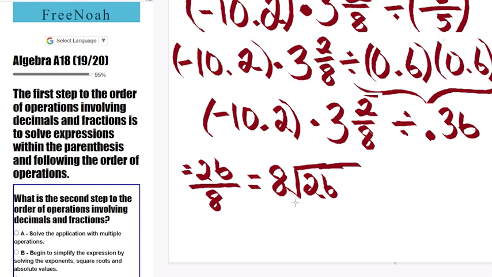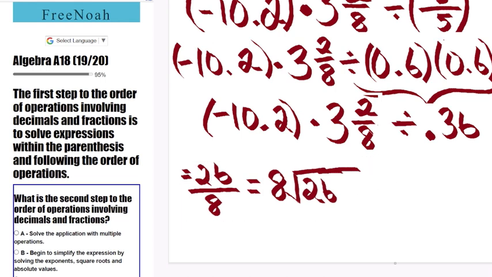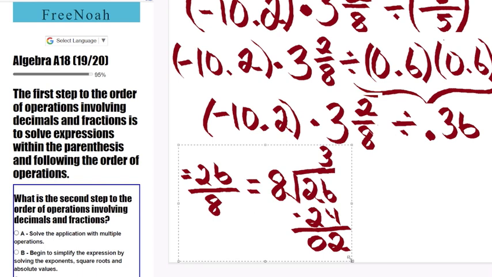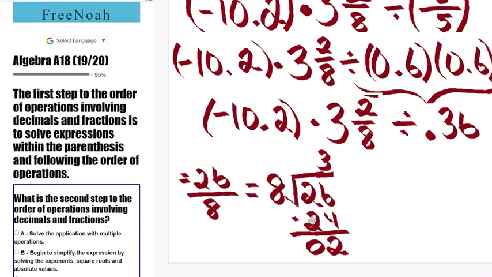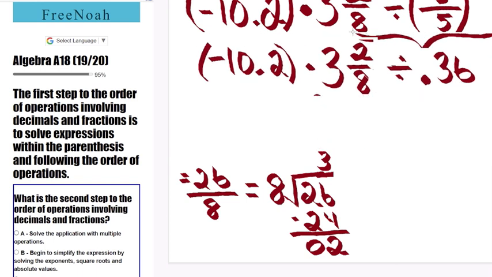Okay, so 8 goes into 26 3 times. All right, 3 times 8, that'll be 24, and 26 minus 24, excuse me, will give us 2. So now let's place a decimal point right next to our 1's value on the 26 and borrow from the right side of the decimal point.